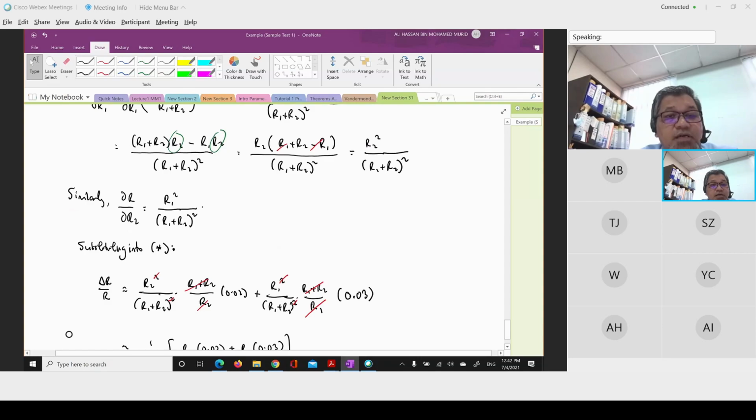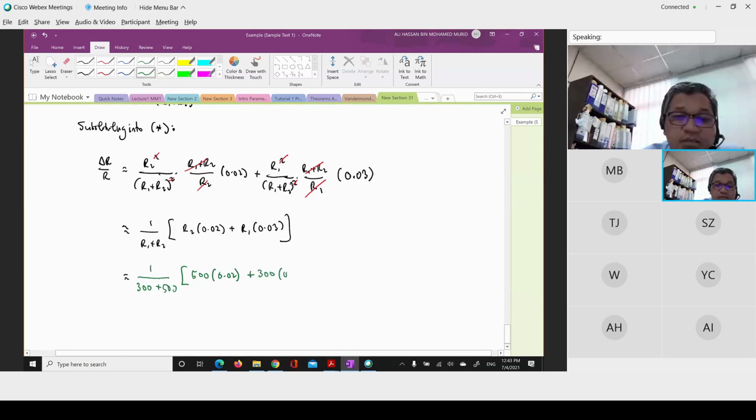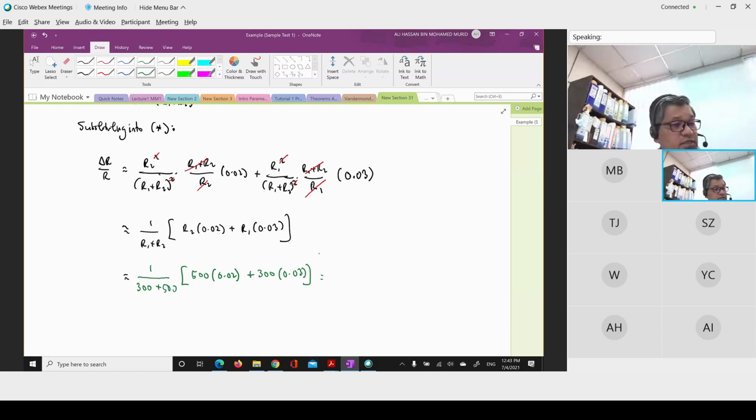R1 is 300 and R2 is 500. It's the other way around. Should be 500 here, right? Times 300, 0.03. Okay, can somebody help me with this? And please simplify this.